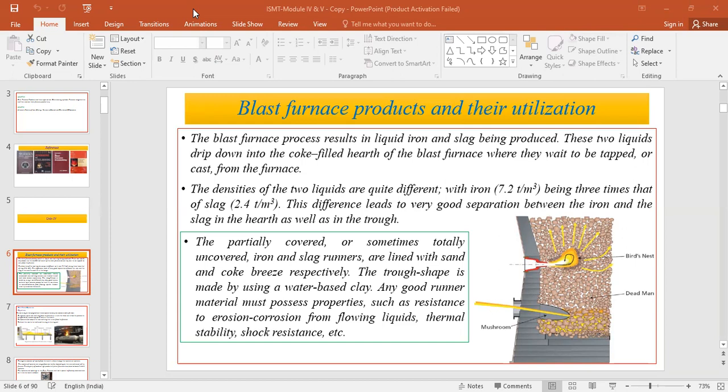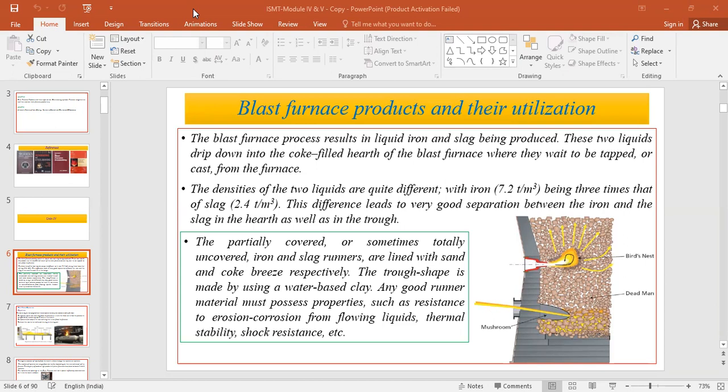So these products have to be tapped at regular intervals of time from the blast furnace. For that, we need to drill the tap hole. The tap hole is drilled with a mud gun, and then liquid products are tapped from the blast furnace.